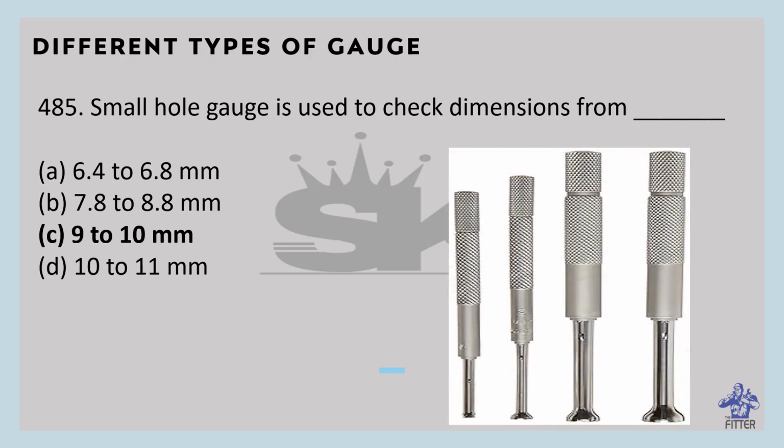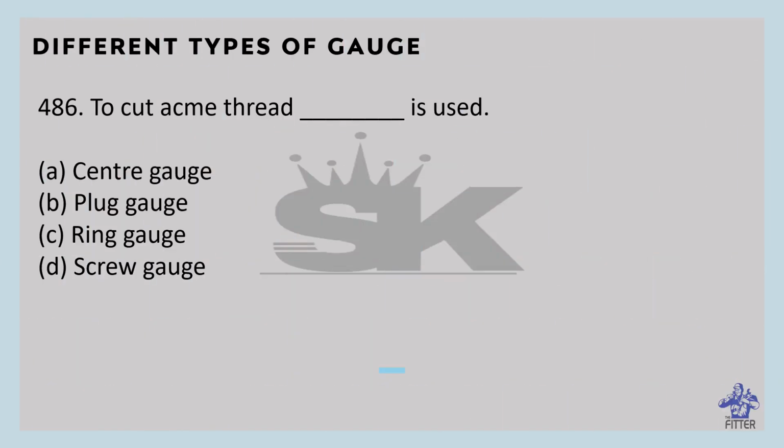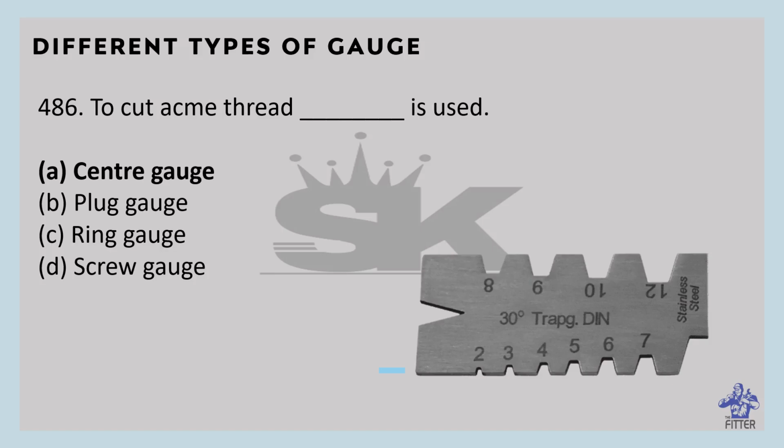So you can see the small hole gauges of different sizes. To cut an Acme thread, the center gauge is used. You can see here in the image the center gauge. Center gauges are commonly used for hand grinding threading tool bits on a bench grinder and are also used with tool and cutter grinders.